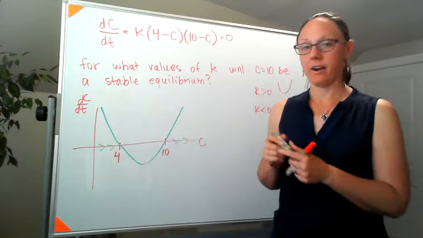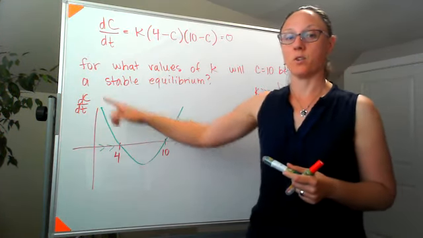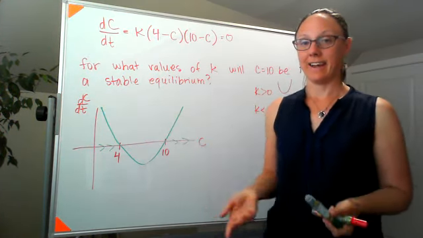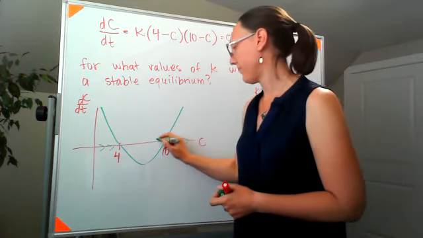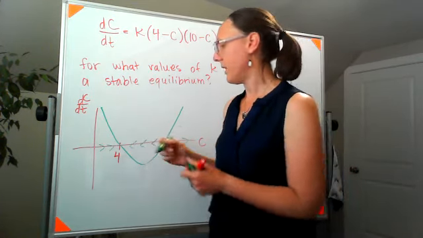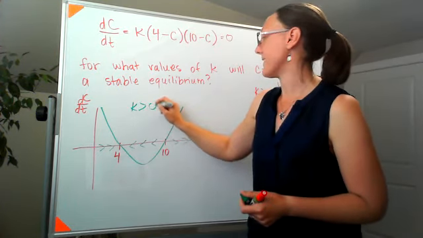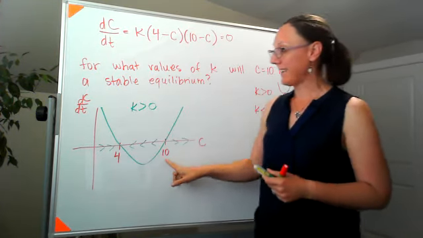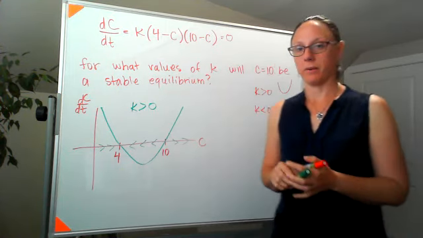And everywhere that my curve is below the c-axis, those are places where dc/dt is negative, c is getting smaller, or I'm moving to the left. So we can see here for k greater than 0, 10 is an unstable equilibrium, 4 is the stable equilibrium.